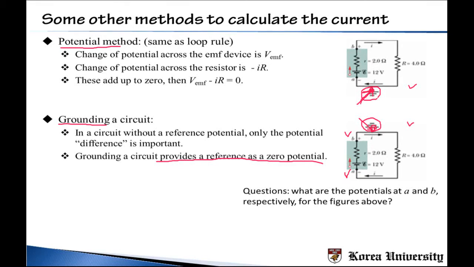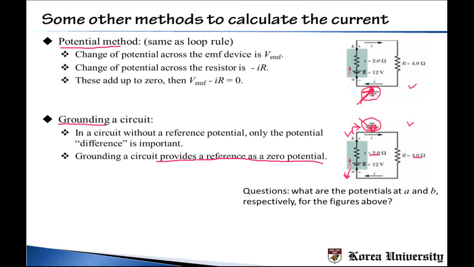And here, even before trying any calculation, you can immediately tell the electric potential at B, which is 0, because it is directly connected to the grounding, which is 0. Okay, and then how about electric potential at A? So let's try to quickly calculate it. So here we have two resistors.